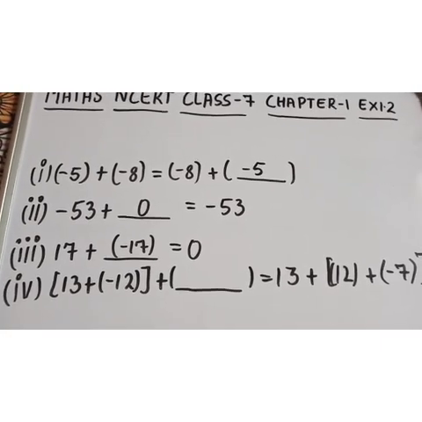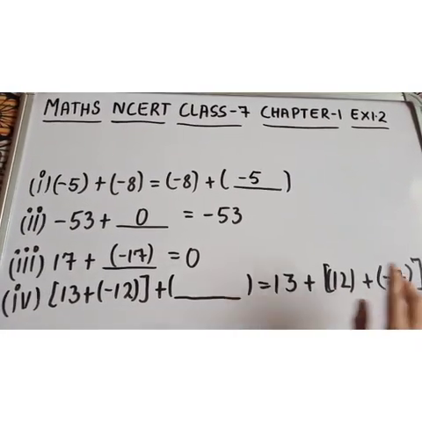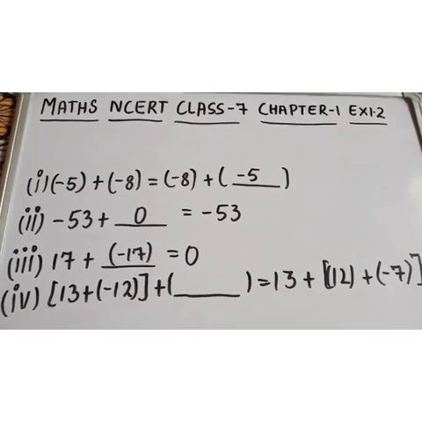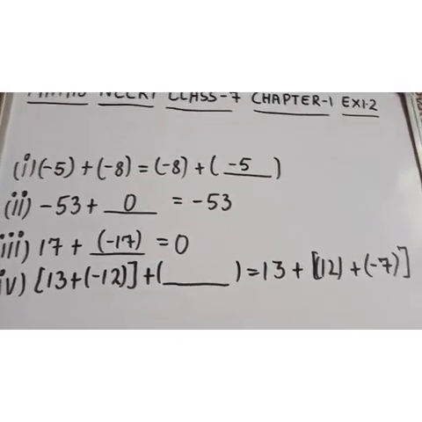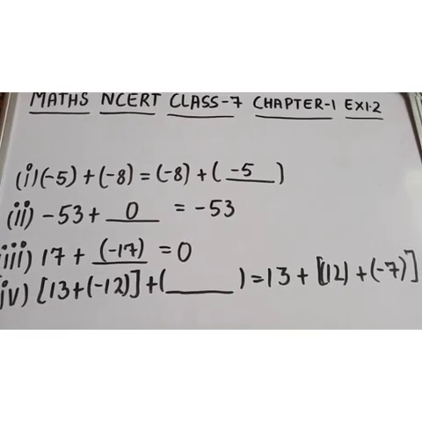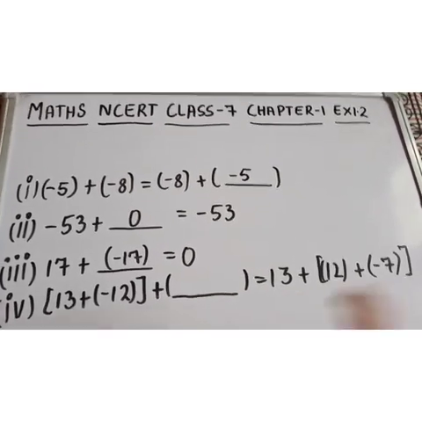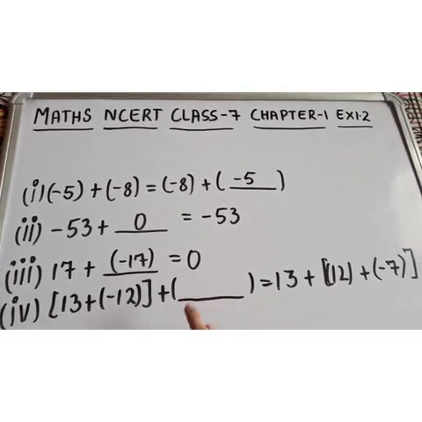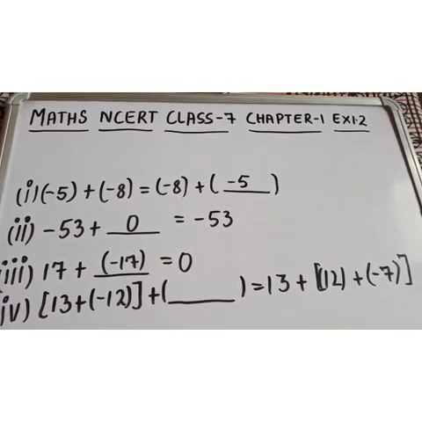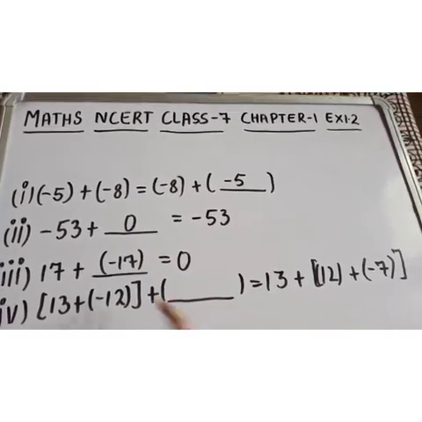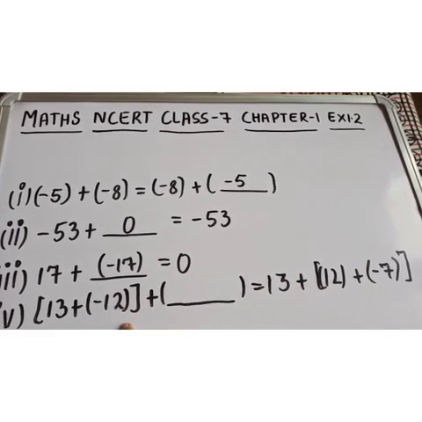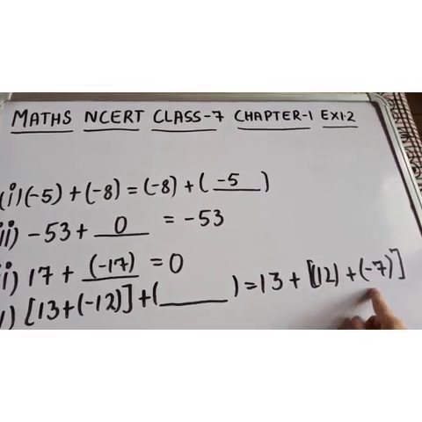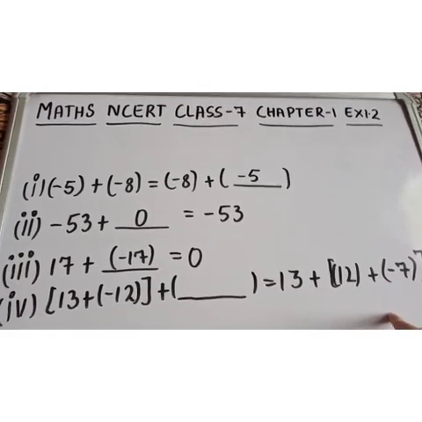Friends, see, these types of questions are not difficult. They are instead very easy. Only what you have to do in these types of questions is, first of all, see which number is missing. Like for example, 13 is there, then 12 is there, minus 7 is missing.